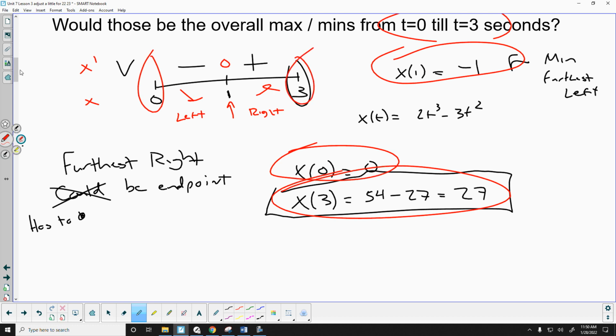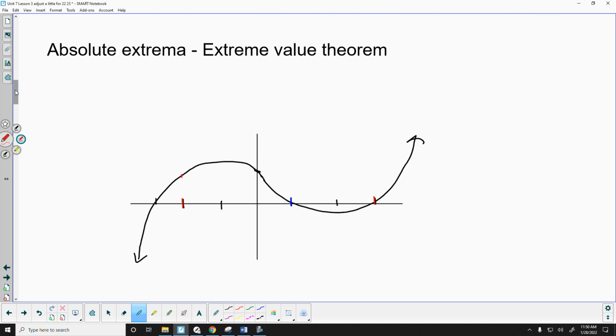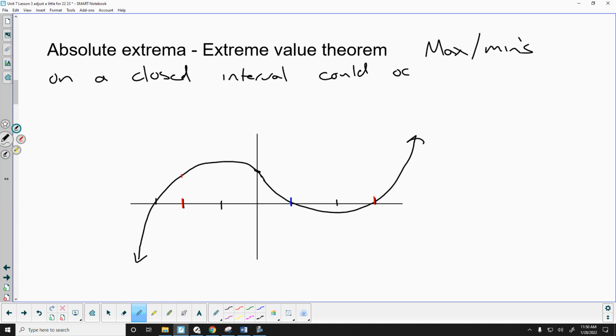And this is called the extreme value theorem: that maxes and mins on a closed interval could occur when a derivative equals 0, we're used to that, or at an endpoint.